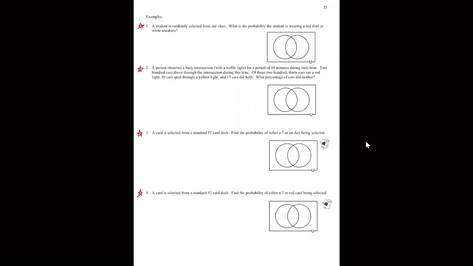I want you to have experienced the problems before I go over them with you. Some of them are a little trickier than others. Don't lose your mind if you don't get it, because we'll go over it together and I'll show you little tricks of the trade. But if you do get it, then you're ahead of the game.